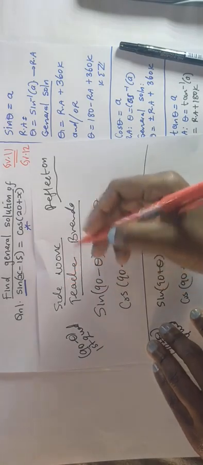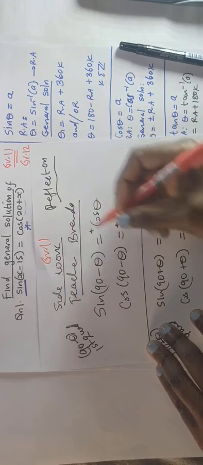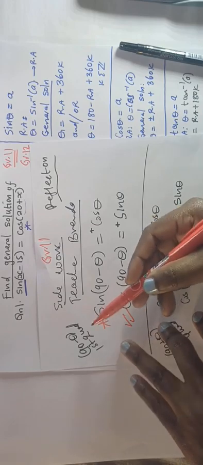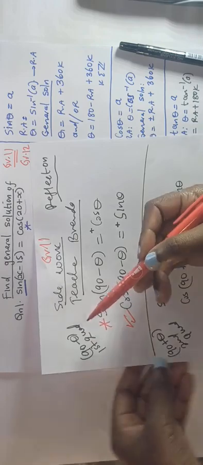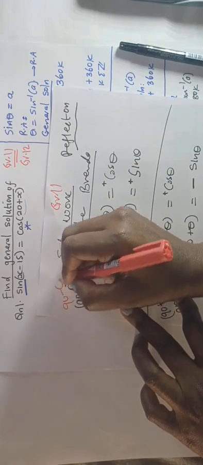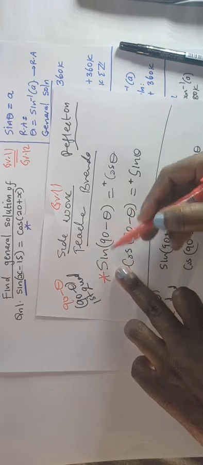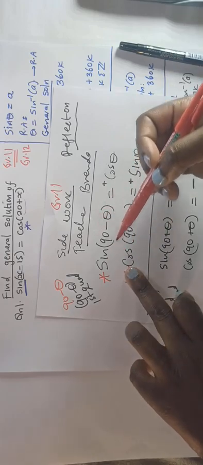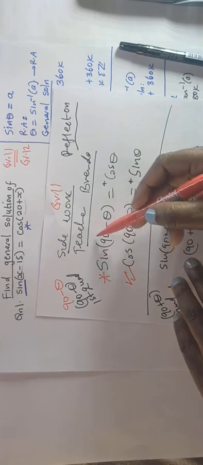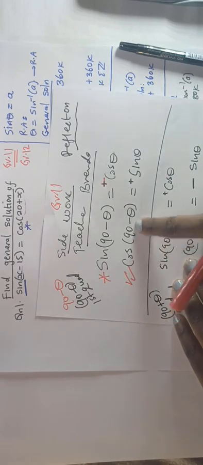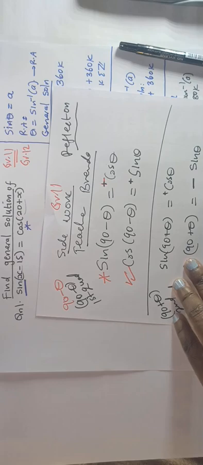For angles in the first quadrant, of the form 90 minus theta, sine of (90 - theta) gives positive cos, and cos of (90 - theta) gives positive sine. These are cofunctions.